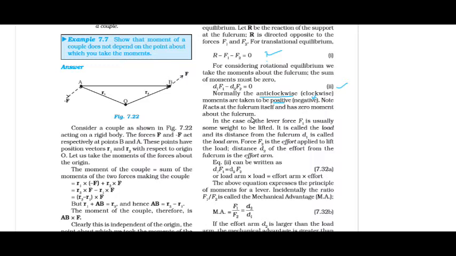Note: R reacts at the fulcrum itself and has zero moment about the fulcrum. In the case of a lever, force F1 is usually some weight to be lifted. It is called load.